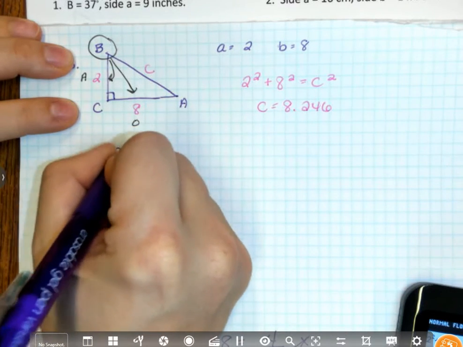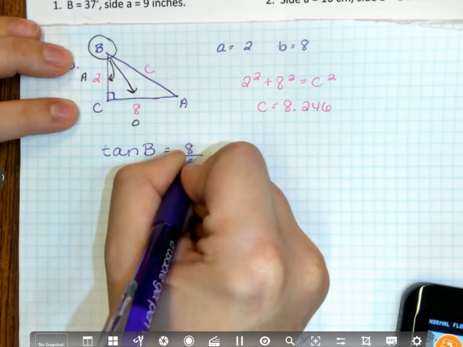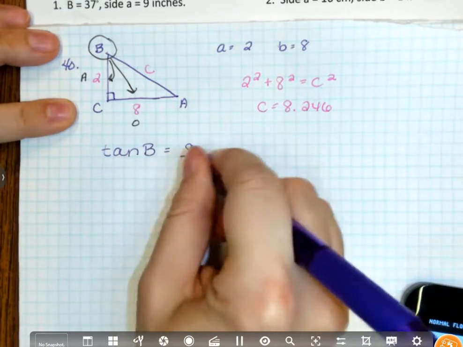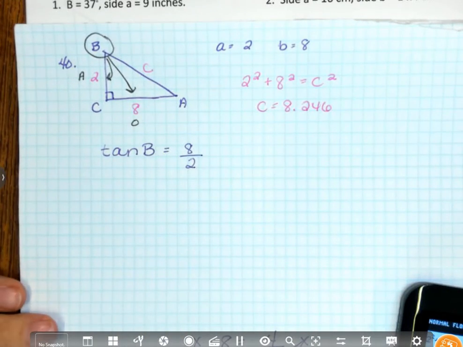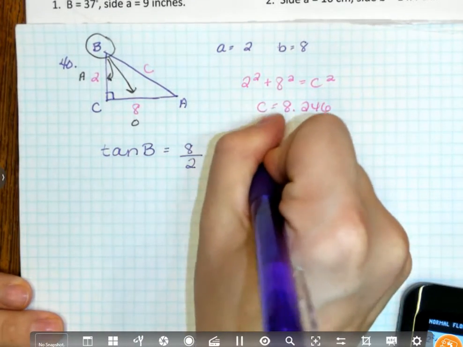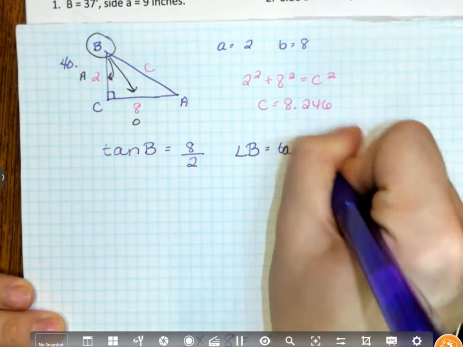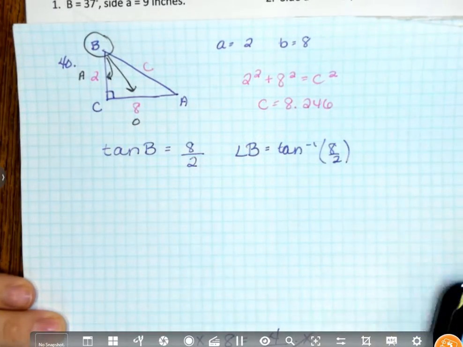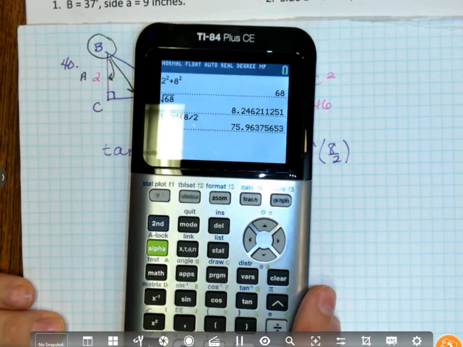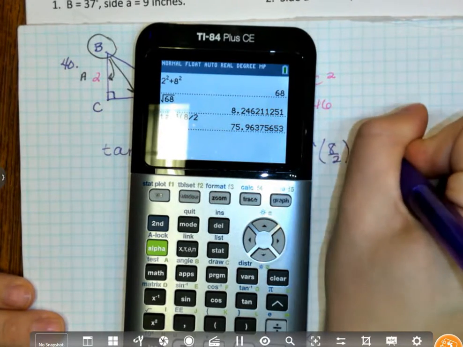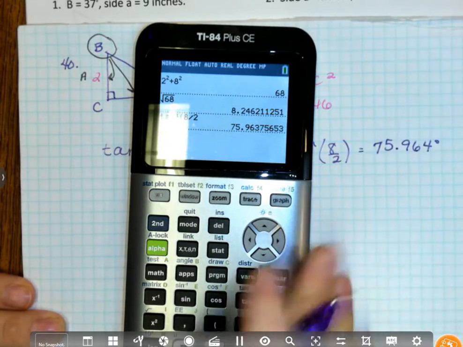So I'm going to say the tangent of my angle B is opposite over adjacent. And I was going to write A instead of a 2. And what do we use to find the angle? Inverse. So my angle B is going to be the inverse tangent of 8 over 2. Inverse tangent, 8 over 2, boom, shakalaka. So 75.964 degrees.